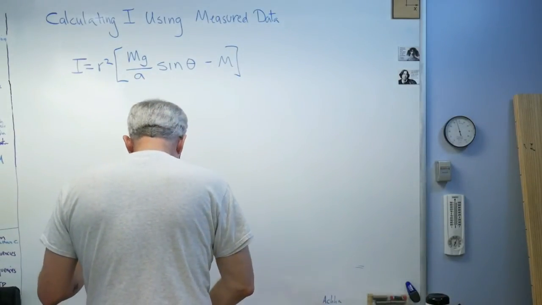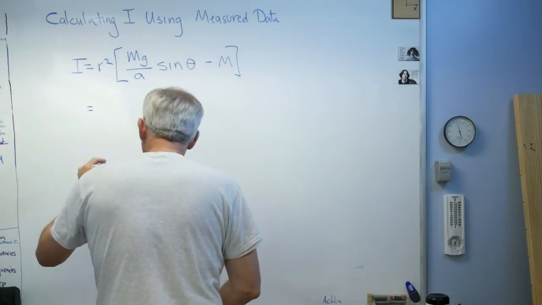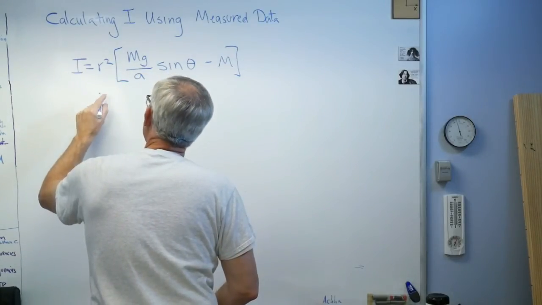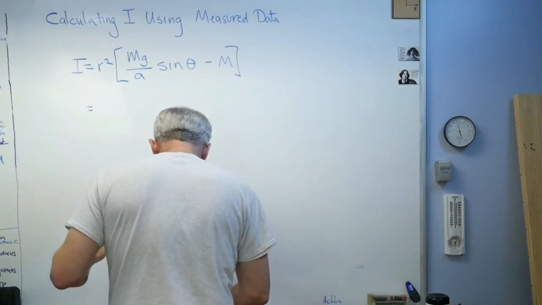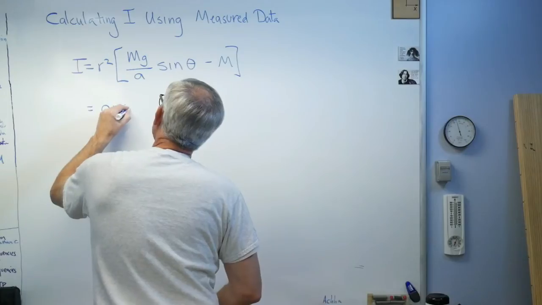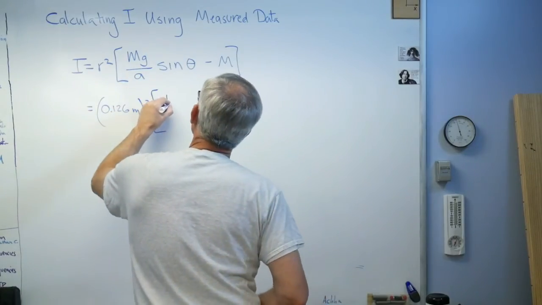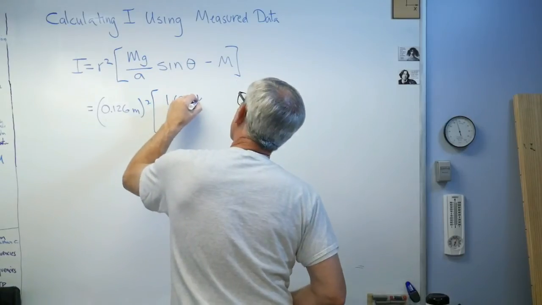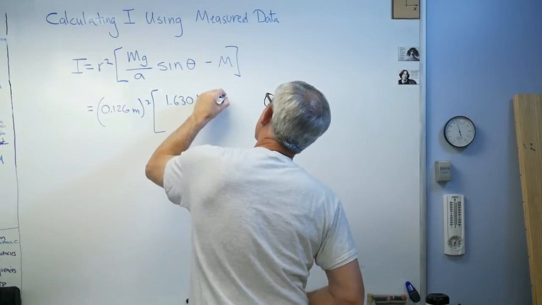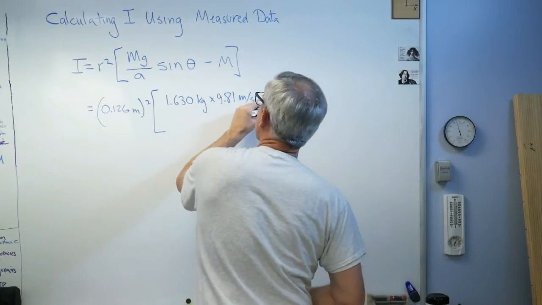So if I work all that out, I'm going to get, let's see, my radius was here. If I do that, I get 0.126 meters squared times 1.630 kilograms times 9.81 meters per second squared over.